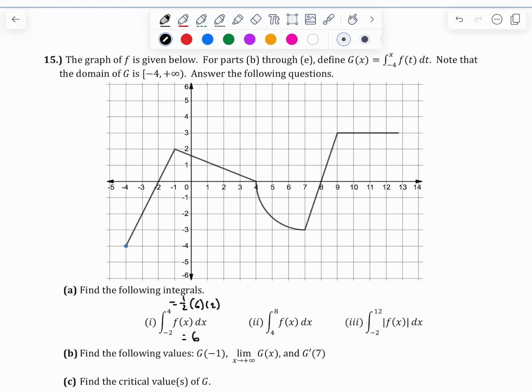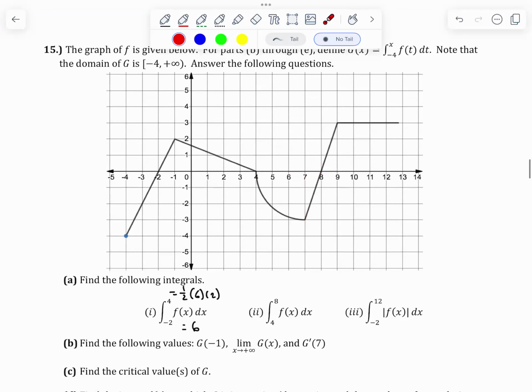4 to 8. That's going to be a quarter circle with a small triangle with base 1 and height 3. So this would be negative 1/4 pi times 3 squared, plus 1/2 the base 1 times the height 3.